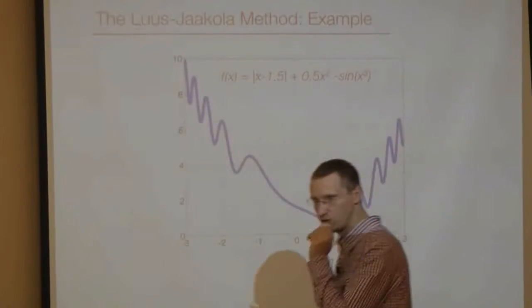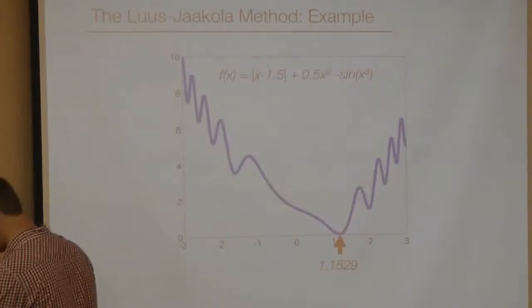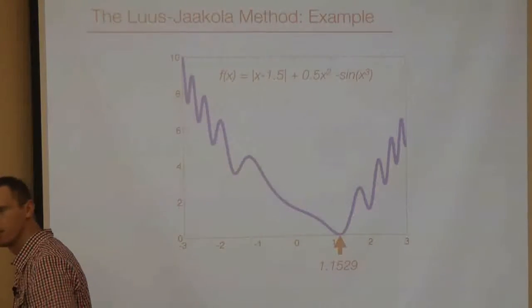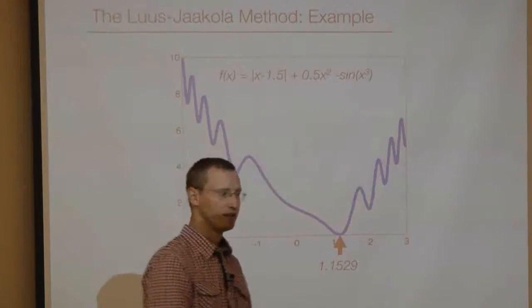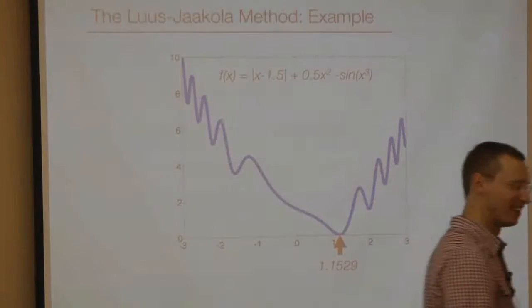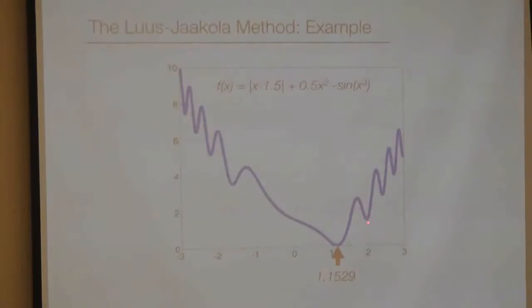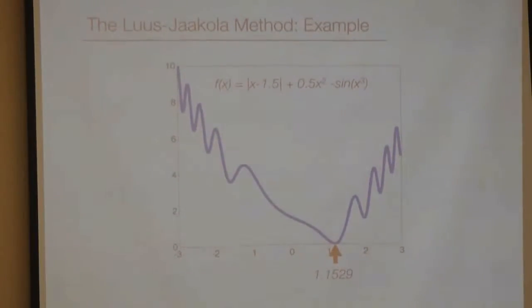Can I ask you? Sure. If you compare the runtime between this method and, for example, gradient method, which is worse? Okay, so the gradient-based methods, depending on the choice of the initial point, can either converge here or it can converge to any of these local optima.